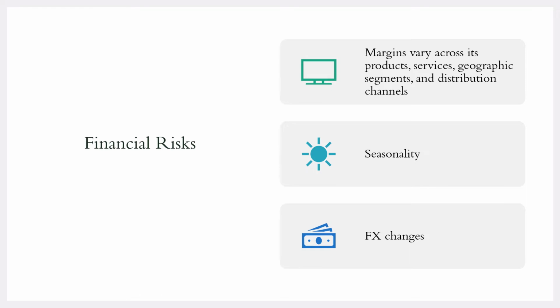And lastly, on this particular slide, I note FX changes. Foreign currency changes are very important to note, especially in this current environment. Because I mentioned before, the majority of Apple's net sales are international, outside the United States. So if foreign currencies weaken relative to the US dollar, it affects the US dollar value of the company's foreign currency denominated sales and earnings.